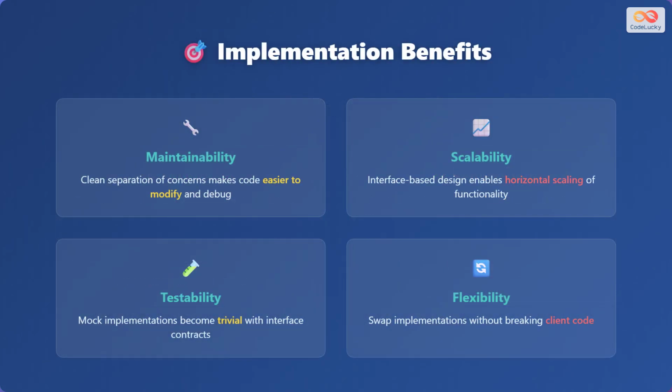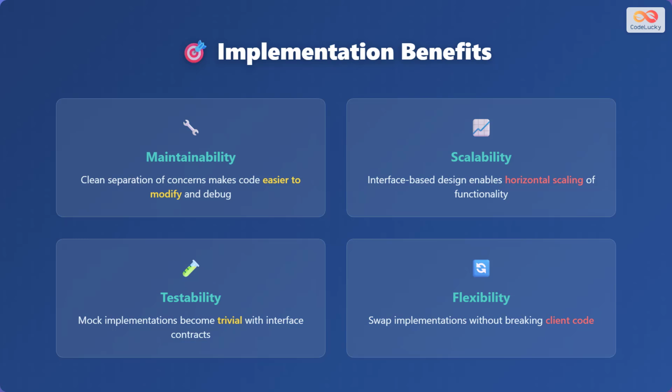Implementing these structural patterns in Go provides numerous practical benefits that directly impact your software development process. Maintainability is significantly improved because these patterns promote clean separation of concerns, making your code much easier to modify and debug.